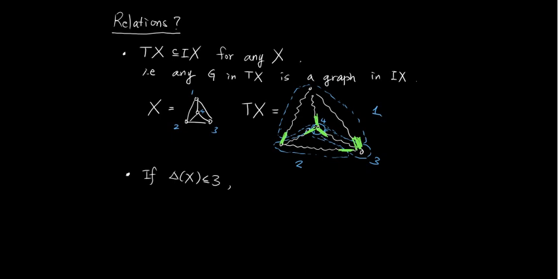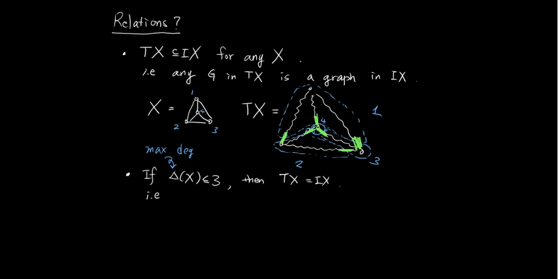This delta is the maximum degree. If this happens, then Tx is equal to Ix. And in other words, we have the inclusion from the other side.